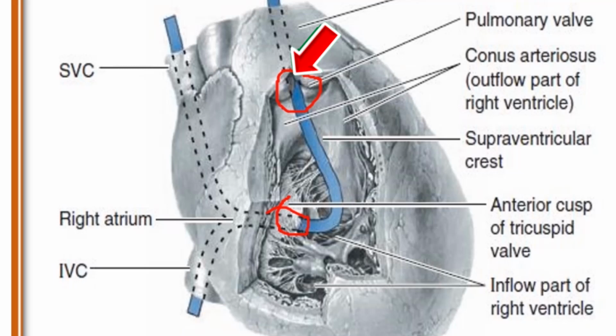One is serving as an inflow part, while the other one is serving as the outflow part. These orifices are guarded by a valve. The atrioventricular orifice is guarded by a valve that is called the tricuspid valve. Here in the pulmonary orifice, it is guarded by a valve that is called the pulmonary valve.